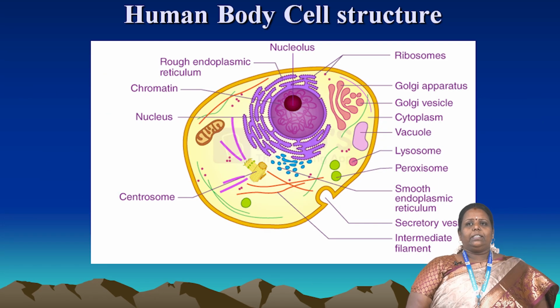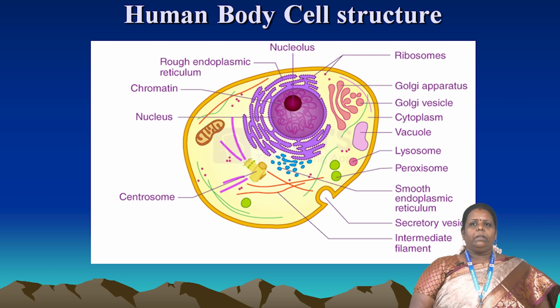This is the basic structure of a human cell. These human body cells have an outer membrane, called the cell membrane, and it contains protein material, called cytoplasm.